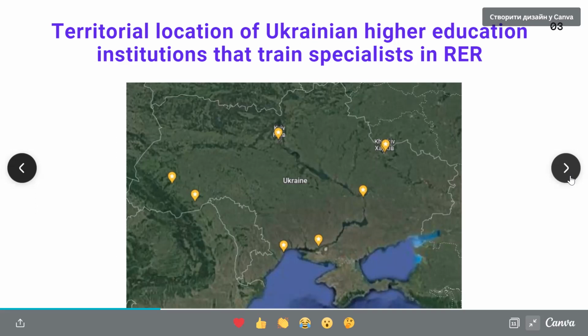National Aerospace University, Zhukovsky Kharkiv Aviation Institute, Kharkiv National University named after Beketov, National Technical University Dnieper Polytechnic, National University Odessa Polytechnic, and Ivano-Frankivsk National Technical University of Oil and Gas. Education takes place according to the educational programs of the first bachelor's, second master's, and third educational-scientific levels of higher education.